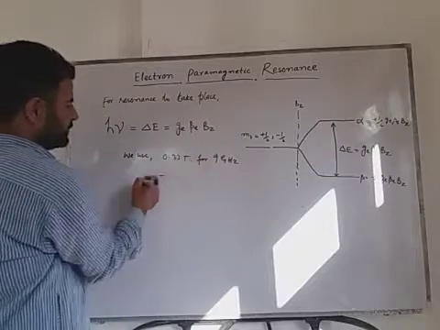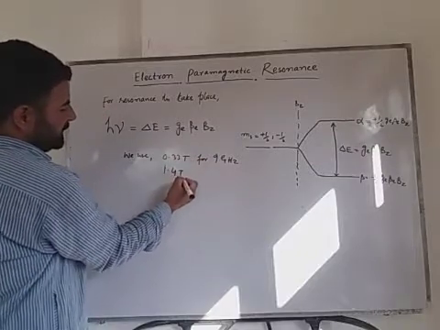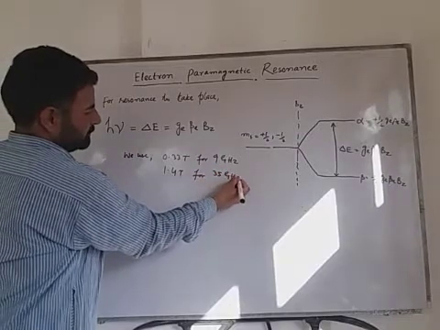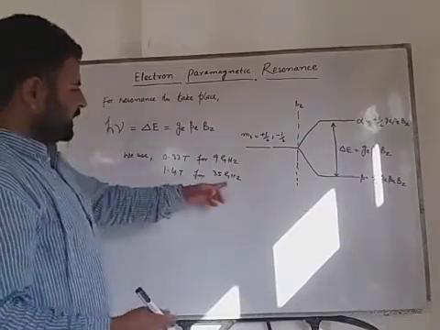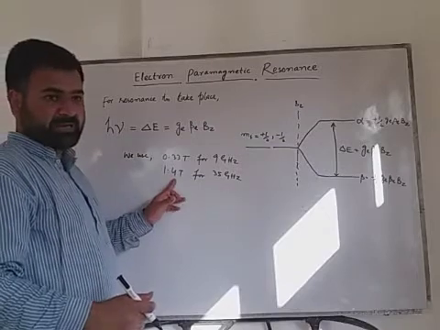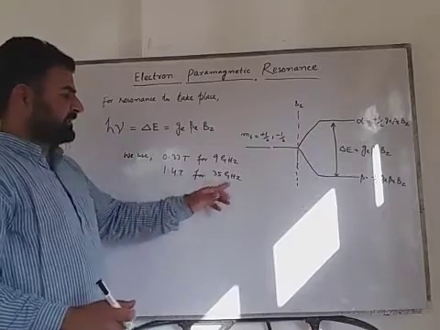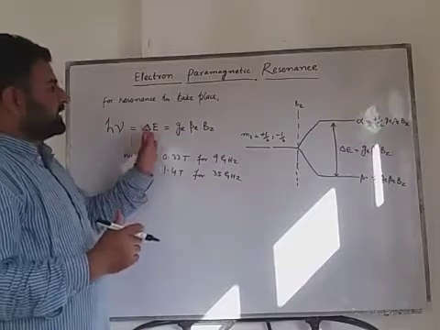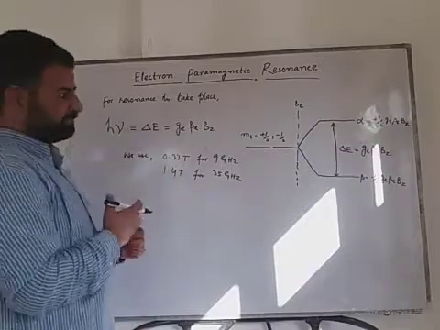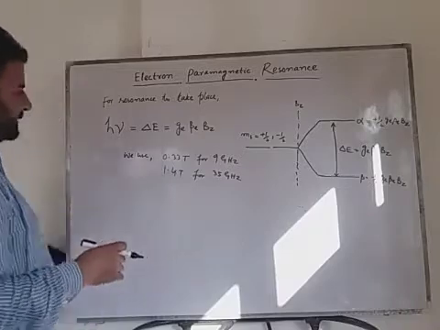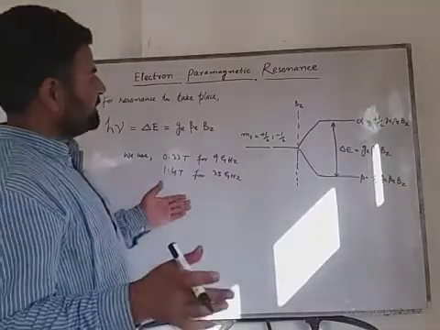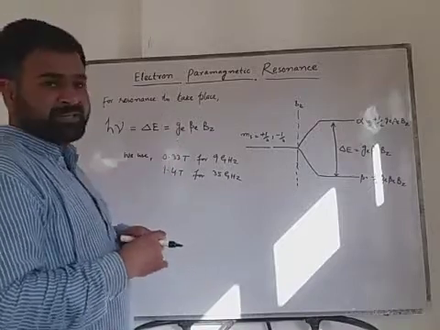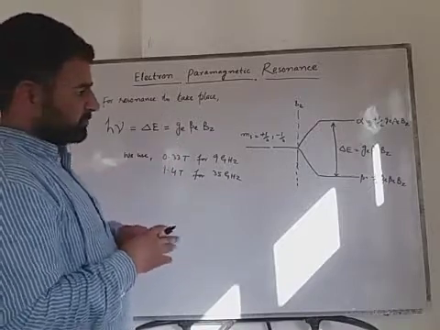On the contrary, we use 1.4 Tesla for 35 gigahertz. That means if we are increasing the strength of the magnet, we have to increase the frequency so as to get the resonance in the system. Okay, fine. So this is the basic mathematics behind the principle of electron paramagnetic resonance spectroscopy.